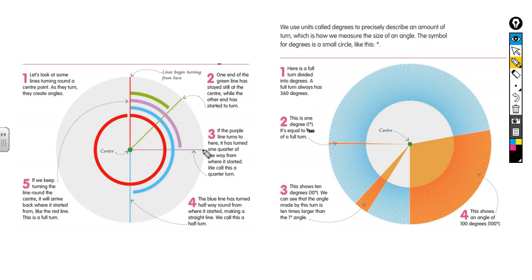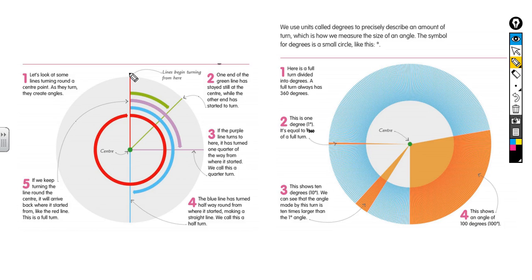If we keep moving our string, this is now halfway round our circle. If we kept our string moving around to here, that would be 3/4 of the way round, and if we kept on going all the way around to the top, we would have completed one complete turn.